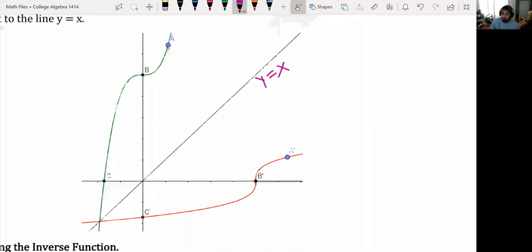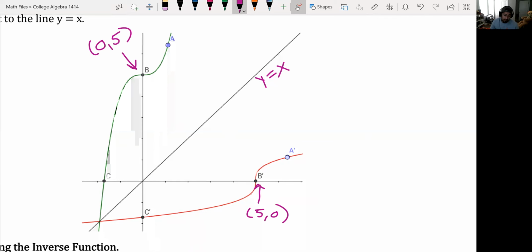And you could show it. Let's say, what do we have? It's not accurate, but I'll make it into a point. Let's look at b. So this b is 1, 2, 3, 4, 5. This b is 5, 0. So if you reflect it over the y equals x line, you'll get this b, which is 0, 5. That's how this works.